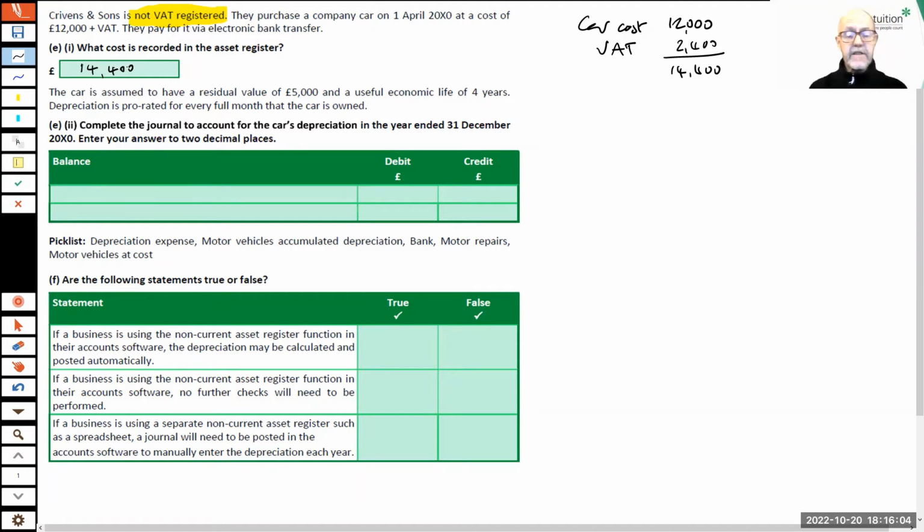Now, as an aside, even if the company is VAT registered, special rules apply to company cars.